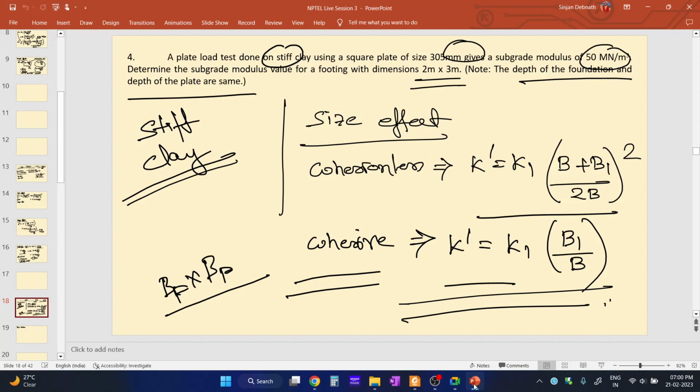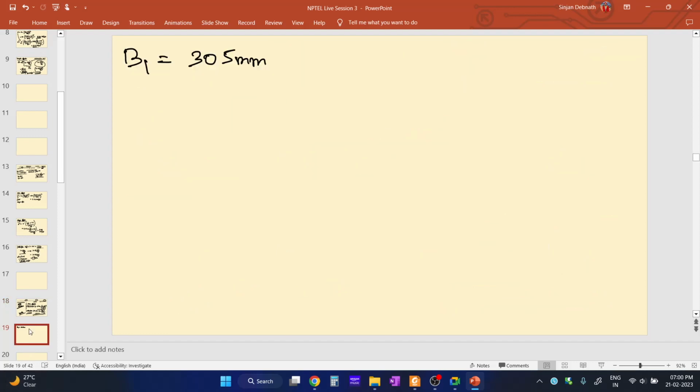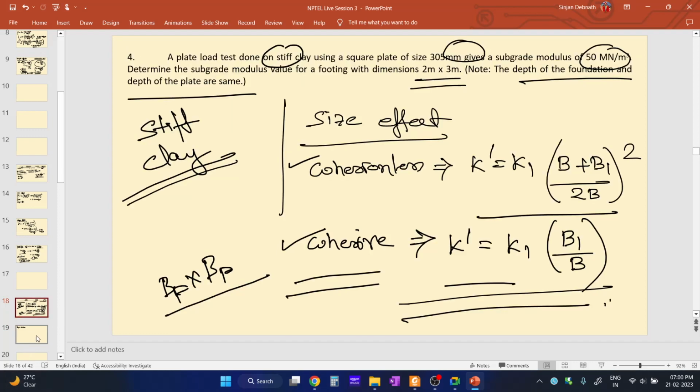So now, as I was saying, this is the shape factor. This is the size factor to incorporate the size effect for the cohesive soil, and this one is for the cohesionless soil. So in this question, let us write down all the parameters that are given.